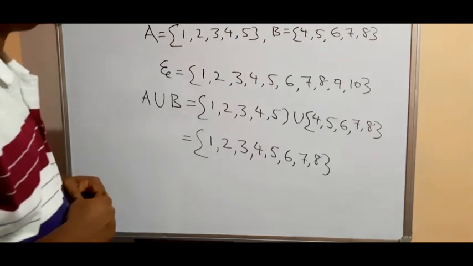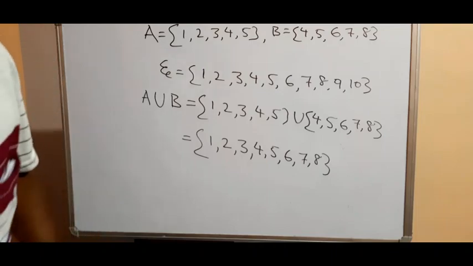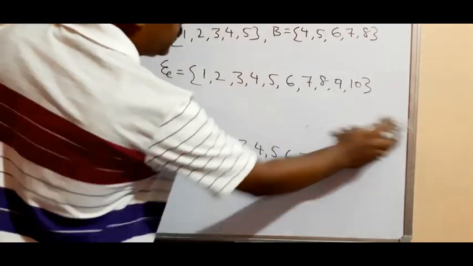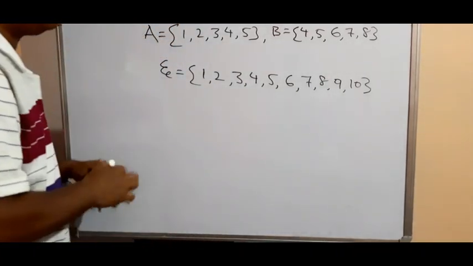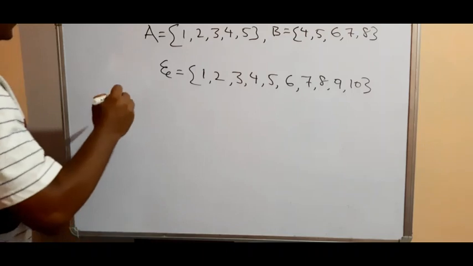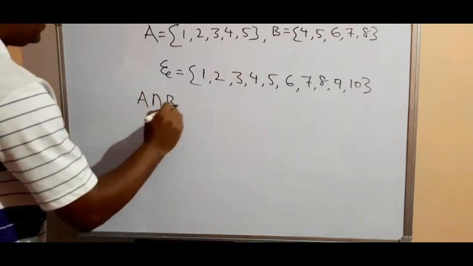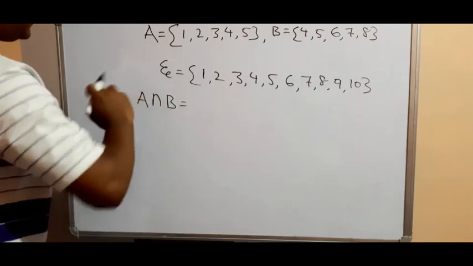Then next is intersection of two sets. Intersection of two sets is written as A intersection B. It is just the reverse of the union sign.